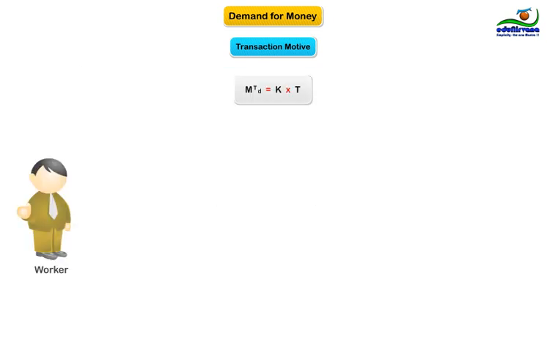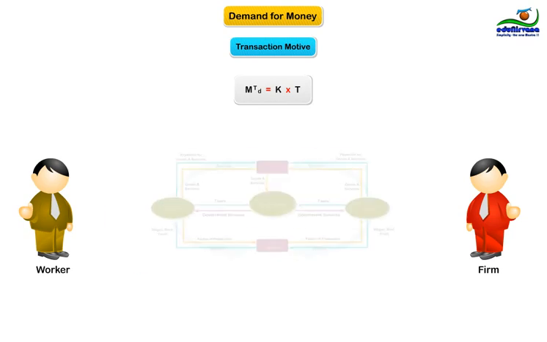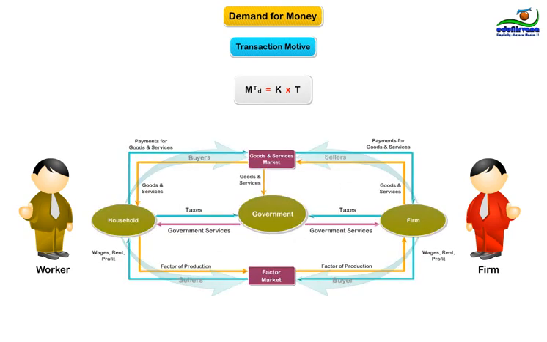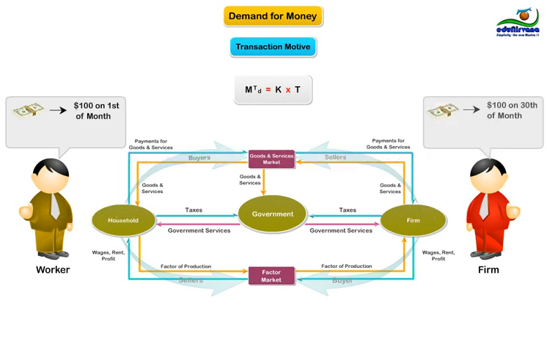This can be clarified with a simple example of a two-person economy consisting of one person, a firm, and the other person, a worker. Suppose the worker gets the salary of $100 on the first day of every month and spends over the month his entire income on goods and services produced by the firm.